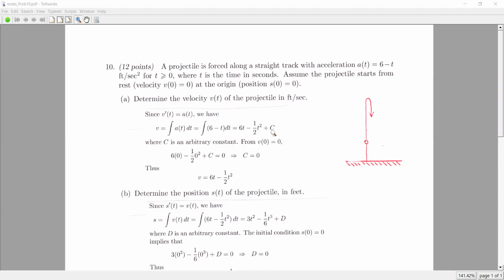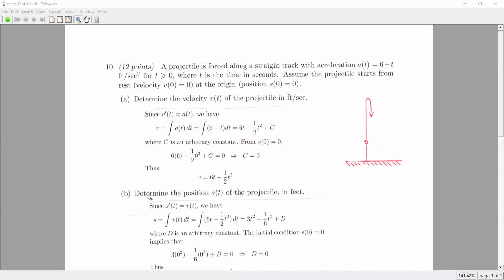Then add an arbitrary constant c. To determine the constant c, I use this initial condition. Initially, velocity is 0. By this condition, c is 0. Therefore, the velocity of the projectile is this function.